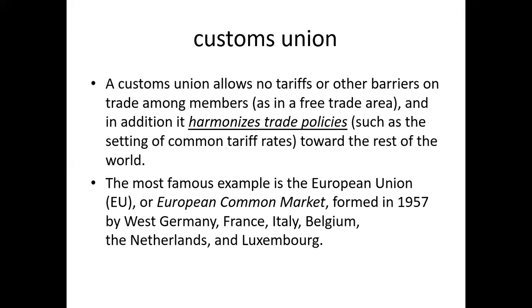Then not only are we adopting a policy of no tariff and other barriers on trade among member nations, but we will also have the same kind of tariff policies against the rest of the world, or against the non-member countries.